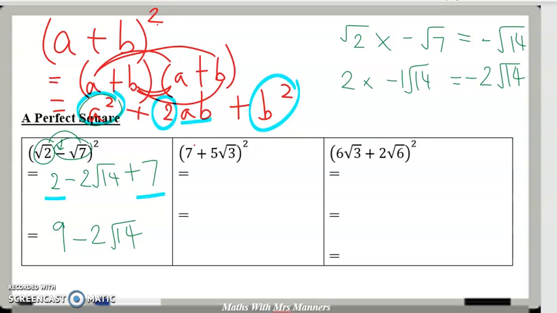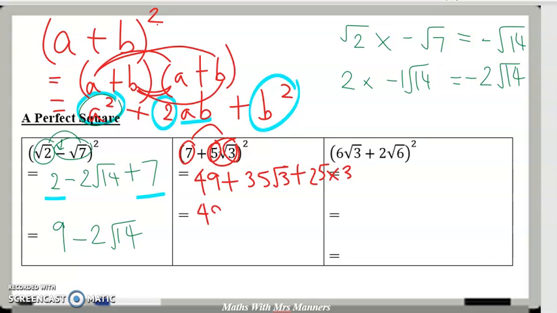Let's try it again. First we're going to square the first term, it's 49. We're going to multiply 7 by 5 root 3. So that gives me, well, 7 5s are 35. So we get 35 root 3. And then I'm going to square the last term. I square the last term, I've got to square the 5 and the root 3. So it's going to be 25 times, well, root 3 squared is 3.